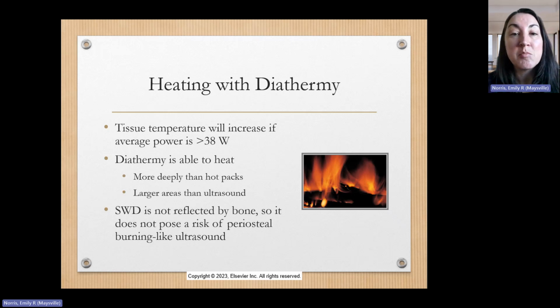It's able to heat more deeply than hot packs and larger surface areas than ultrasound. So that's one reason you may choose diathermy over the other two, depending on the treatment area and your goals. With shortwave diathermy, it's not reflected by the bone, so it doesn't have that risk of the burning like an ultrasound does. And so you can use it directly over bony surfaces without that risk.